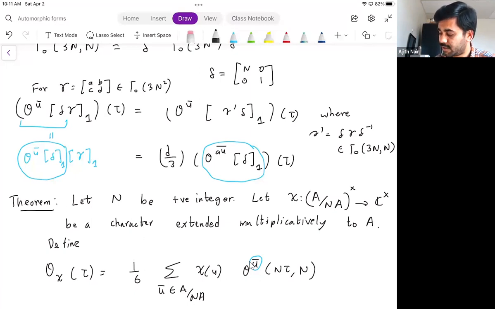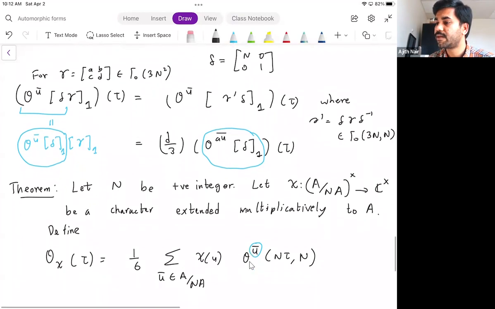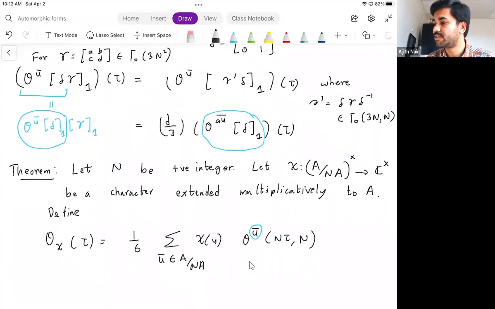So we first conjugated the theta u bar. Then the claim is that what the theorem says is that this is going to be a modular form.